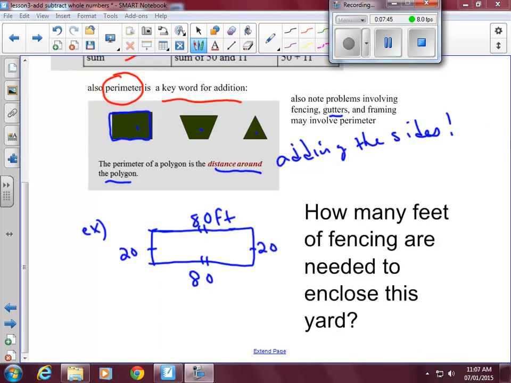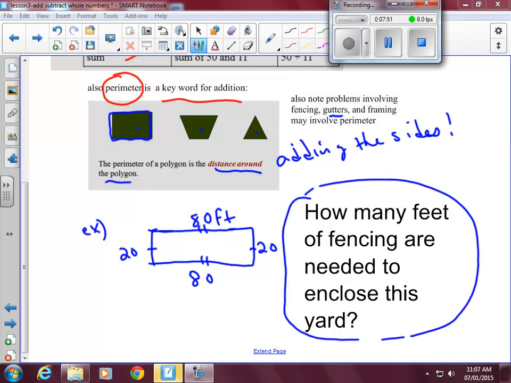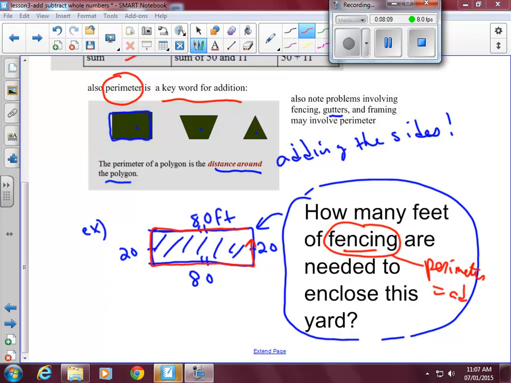So I just cooked up a classic example of how something might be worded. This example here: how many feet of fencing are needed to enclose this yard here, right? This rectangular yard. But keyword enclose and keyword fencing. So we're not looking for the interior space. We're looking to go out around, right? Fencing, keyword for perimeter, which is a keyword for add, right? Add the sides.